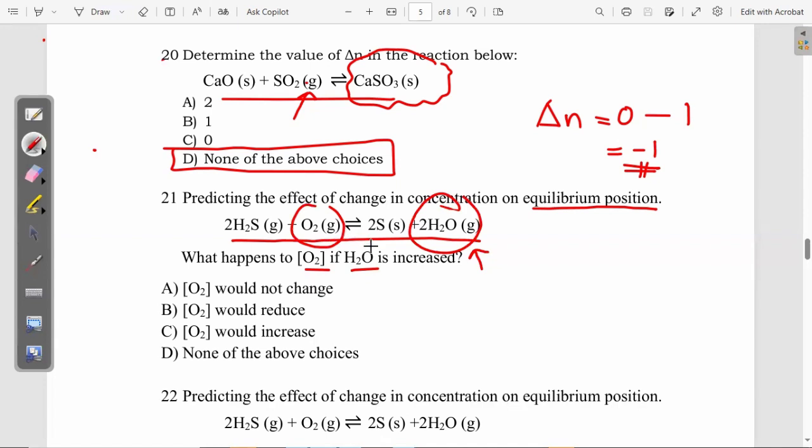It's going to increase, because we have increased this water here. As the reaction fights to bring back the stability that it had, it will produce more of the oxygen. So we are going to pick C there as our best answer.